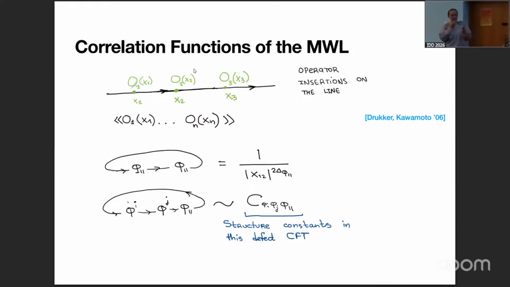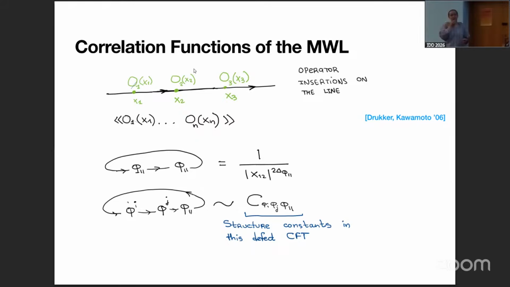And okay, then we can insert operators onto the line, and we consider such observables, operator insertions, and it was shown that such a defect is actually a 1D CFT, shown in this paper. So for example, we can consider, of course, our favorite observables, 2-point functions, 3-point functions. And so here is an example.